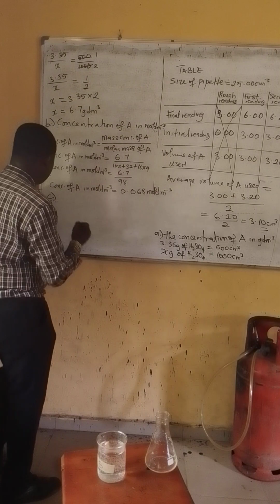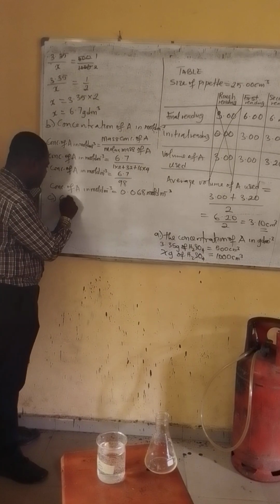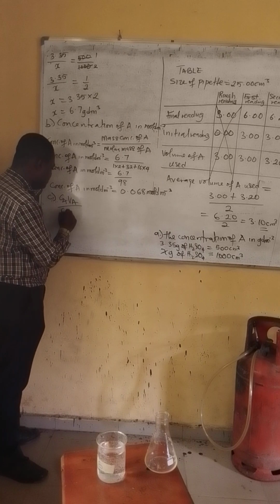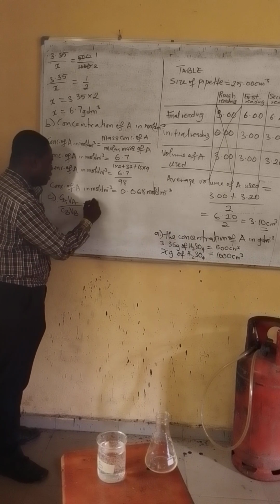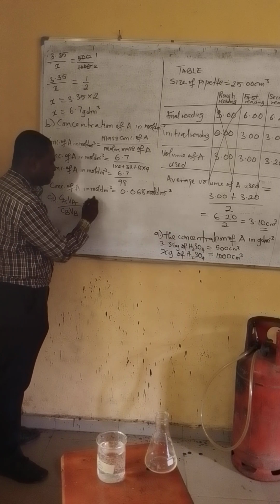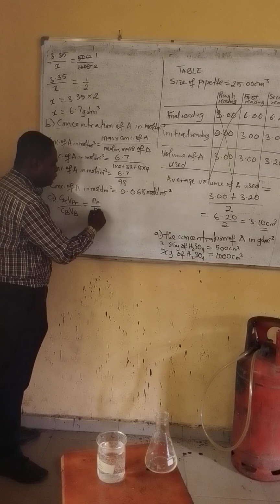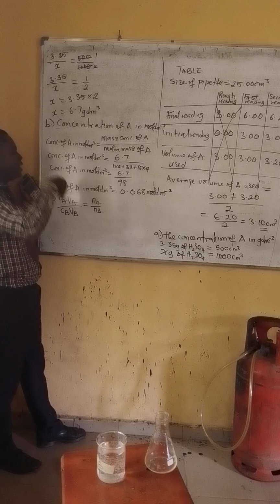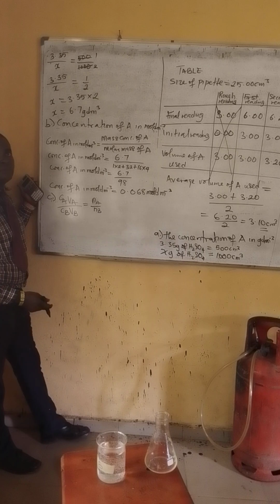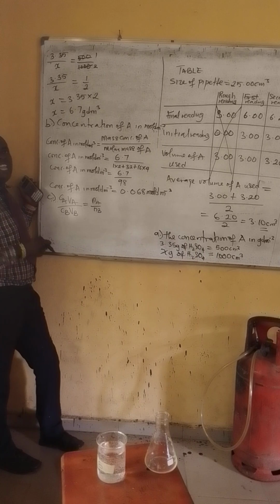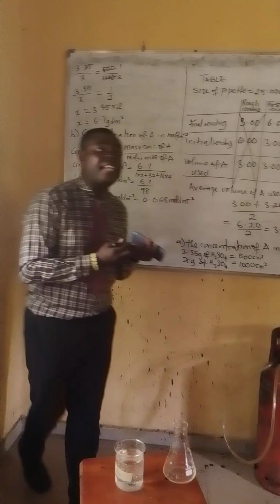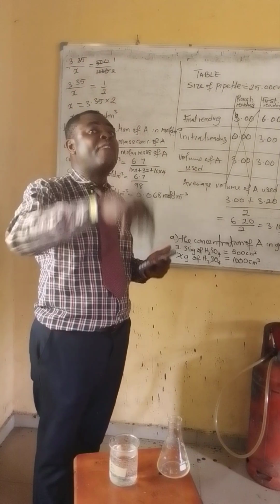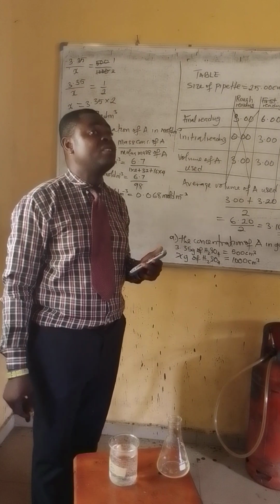Now, the formula to use is CaVa over CbVb equals Na over Nb. What is my Ca? Ca means concentration of A in mole per dm cube. So in the question, if you are given concentration of A in gram per dm cube, even though they did not ask you to find it in mole per dm cube, there are some questions like that.